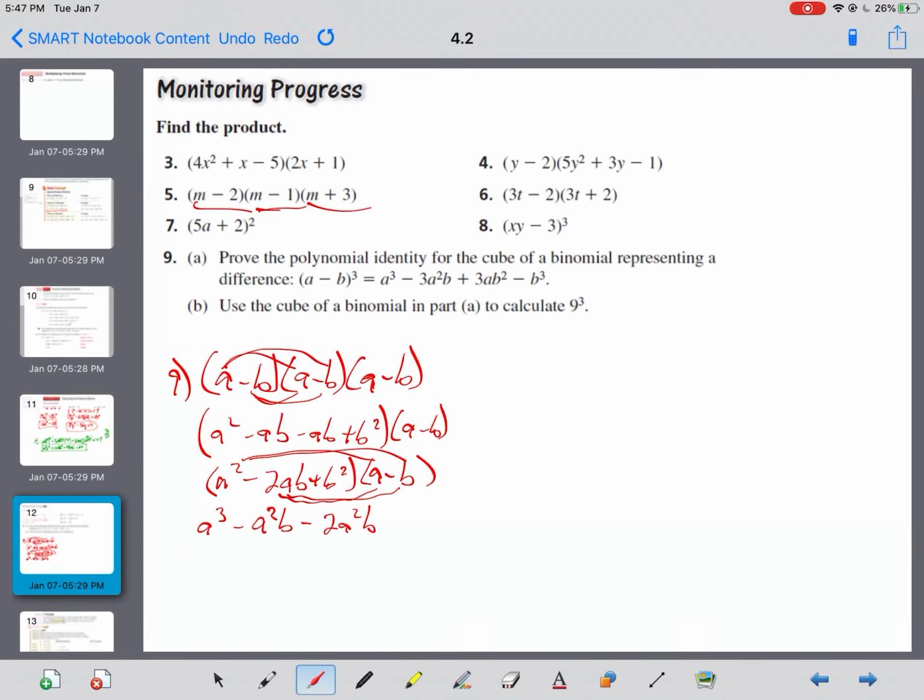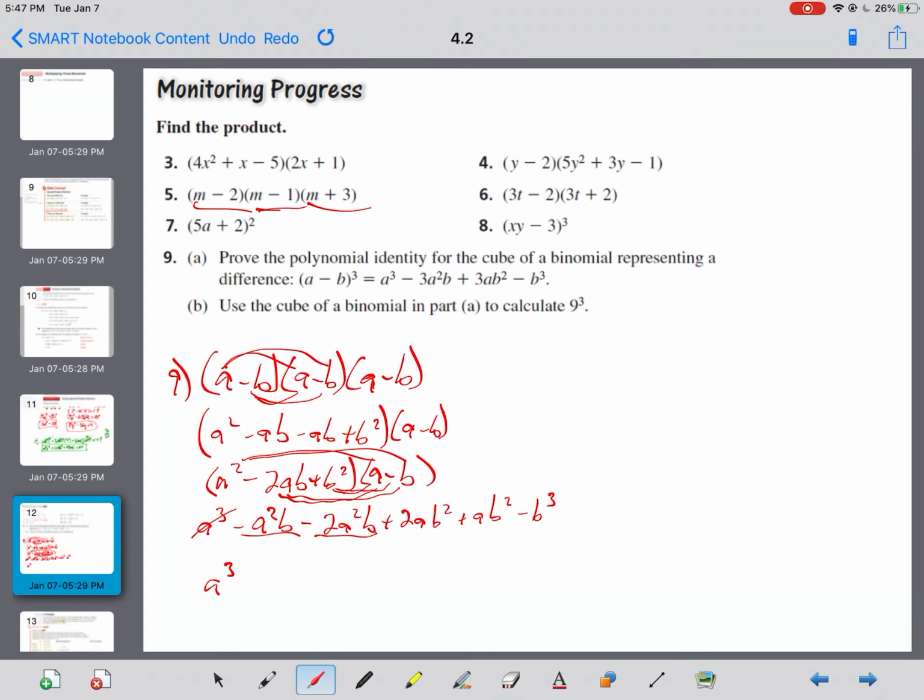Negative 2ab times negative b is positive 2ab squared. B squared times a is ab squared. And b squared times negative b is negative b to the third. Let's see, what are like each other? Any more a to the thirds? Nope, it stays. A squared b's.